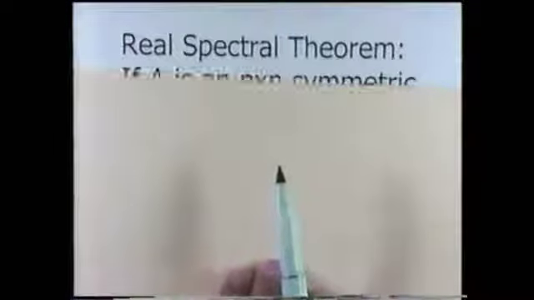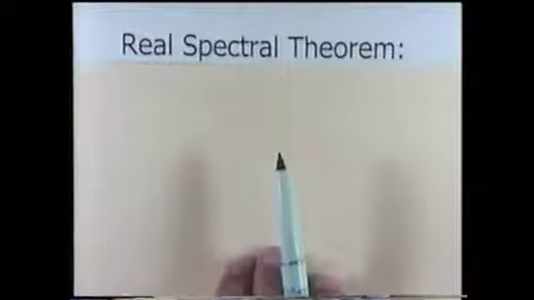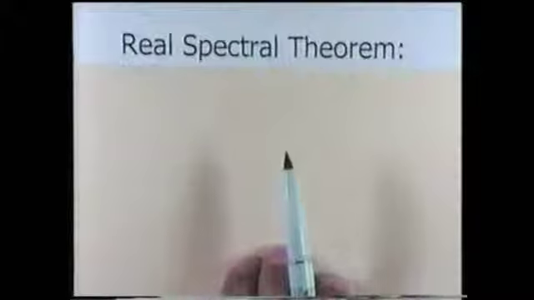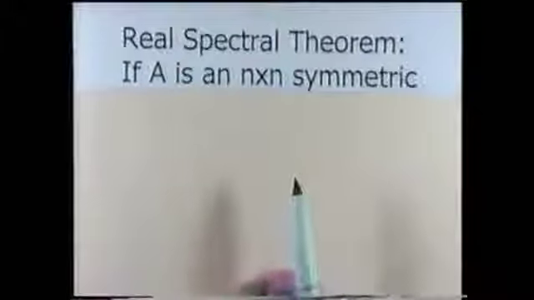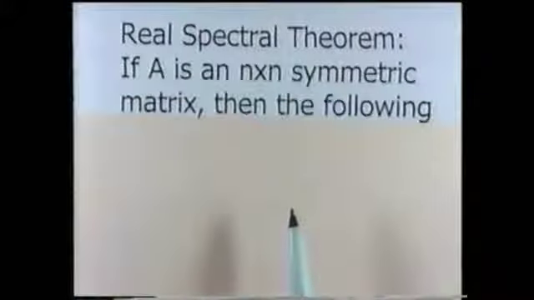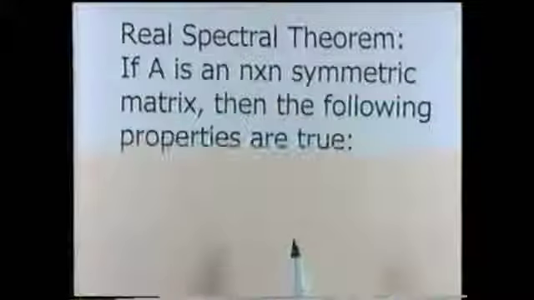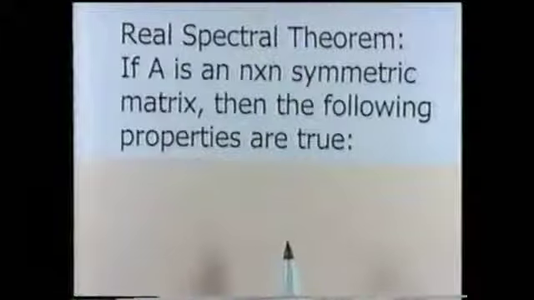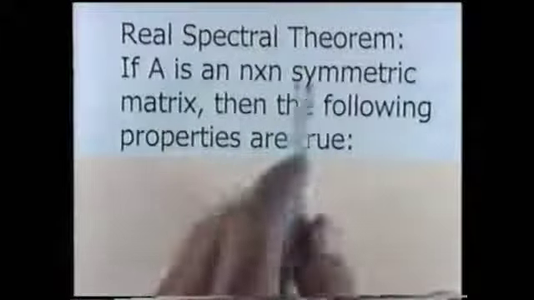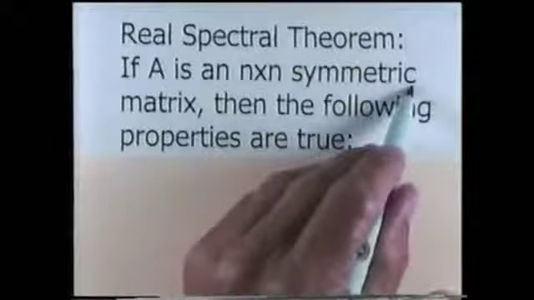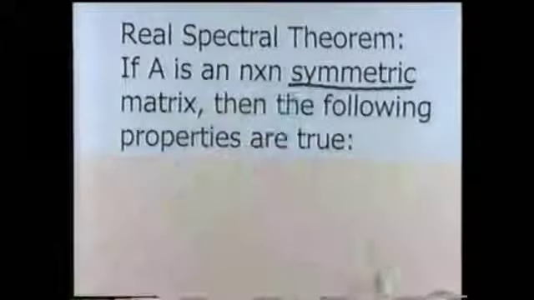Now for symmetric matrices, we have this very important theorem, the real spectral theorem. If A is an n by n symmetric matrix, then the following properties are true. Notice that these properties are only true for symmetric matrices.